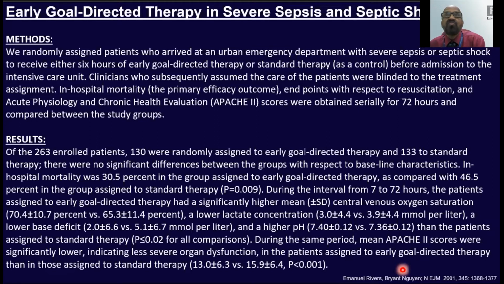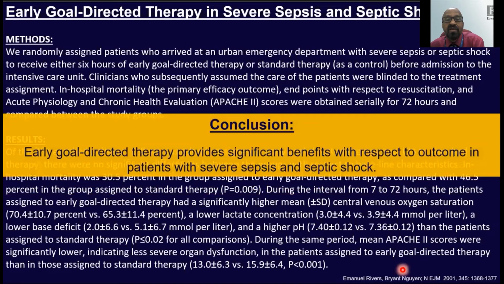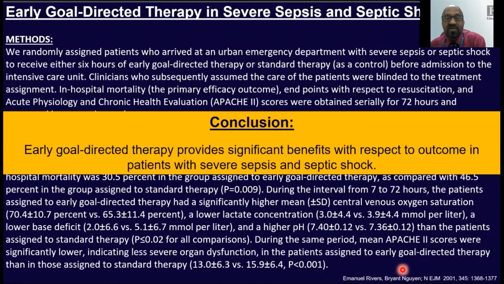In the goal-directed therapy, the CVP was maintained between 8 to 12 millimeters of mercury, the mean arterial pressure was 65 and above, and the central venous oxygen saturation was maintained above 70%. Using this early goal-directed therapy, Rivers et al. concluded that this improved the outcome. There was a mortality benefit when the early goal-directed therapy was instituted.